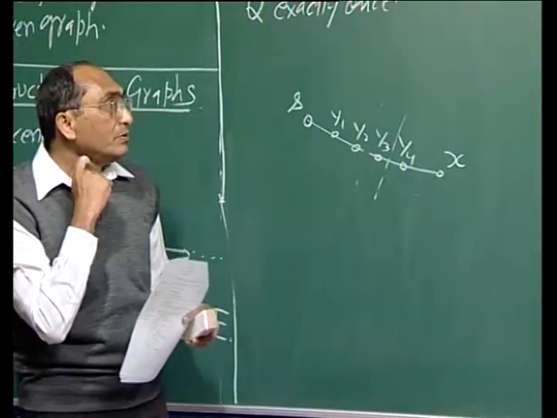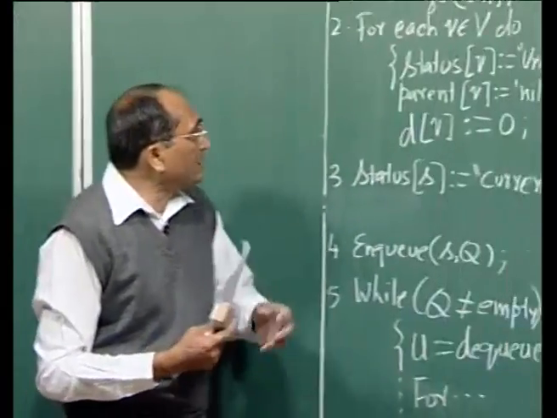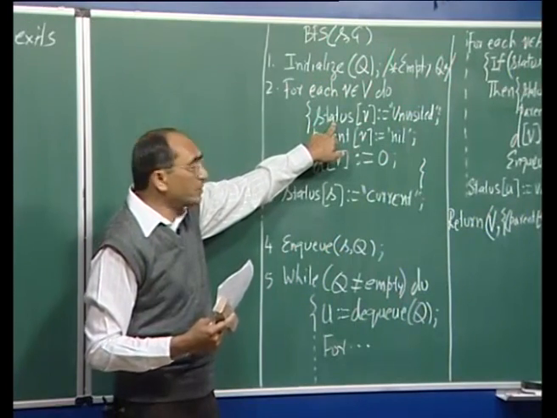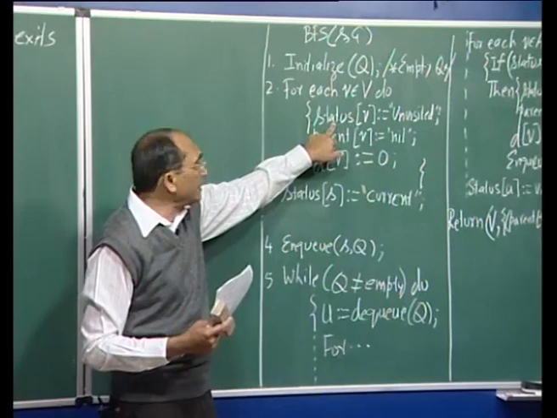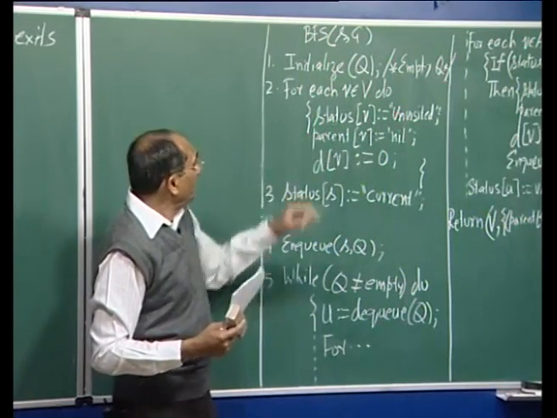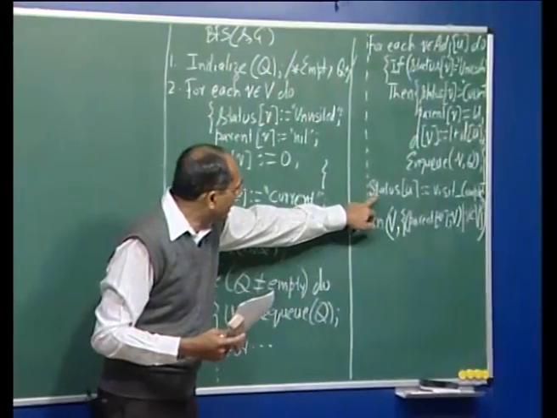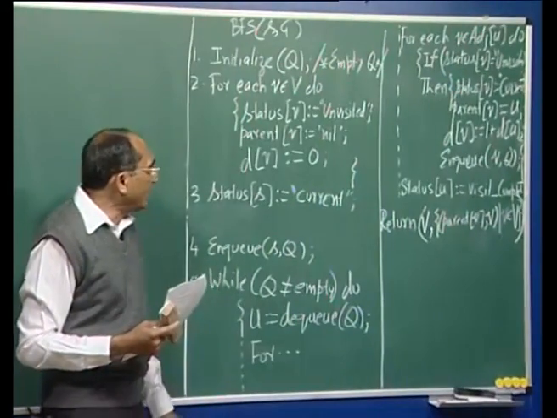Now, what we see here is the use of the status ensures that every vertex enters exactly once. So we know it enters at least once, but it does not enter again simply because after exiting the Q, we change its status.